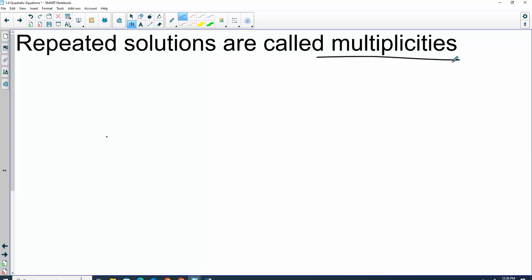Repeated solutions are multiplicities. So if we get the same answer more than once, it has a multiplicity of 2. It means it was a solution 2 times. And that is actually very important to note because it does impact the graph. And in here we'll be graphing not just quadratics, but several higher polynomials. And so we have to know what those multiplicities are when it comes to these.